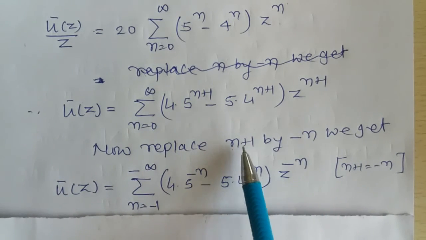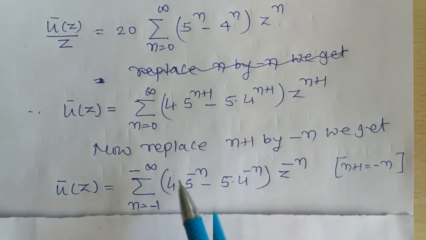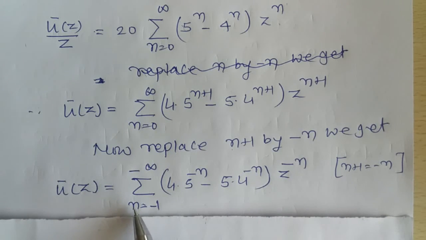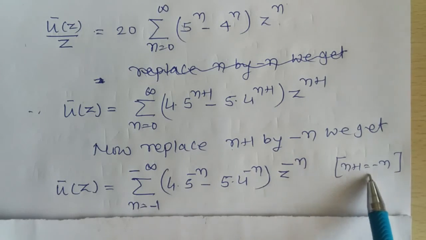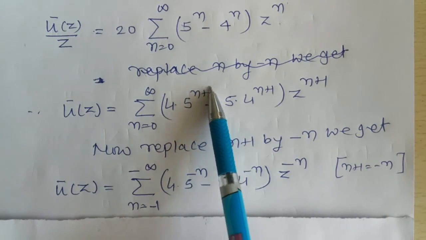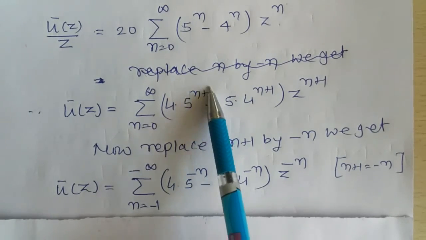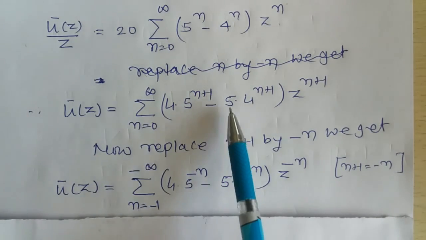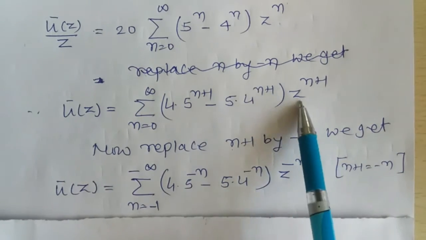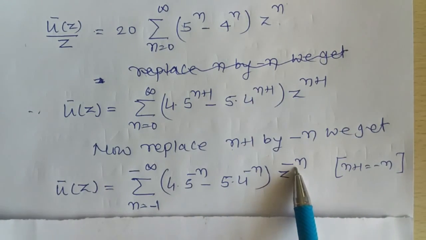So by replacing n plus 1 by minus n, the limit of summation becomes from n equal to minus 1 to minus infinite. And here 4 into 5 power minus n, minus 5 into 4 power minus n, into z power minus n.